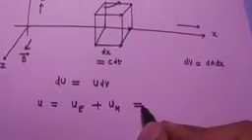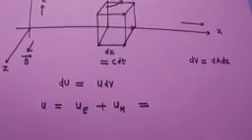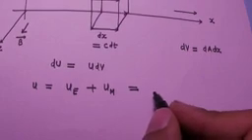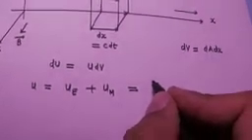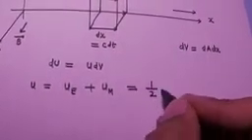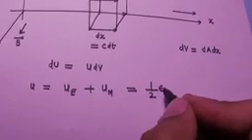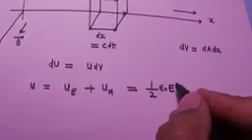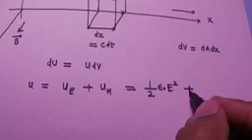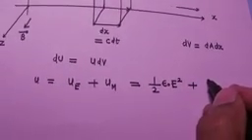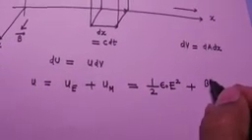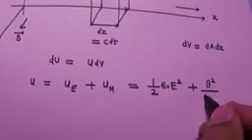As both electric and magnetic field are present in an electromagnetic wave, energy density of electric field can be written as half epsilon naught E square, and the energy density of magnetic field can be written as B square upon 2 mu naught.